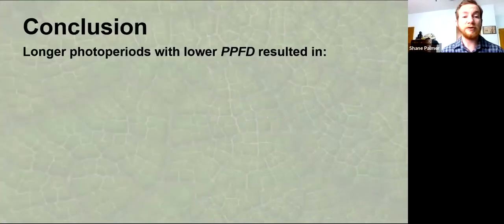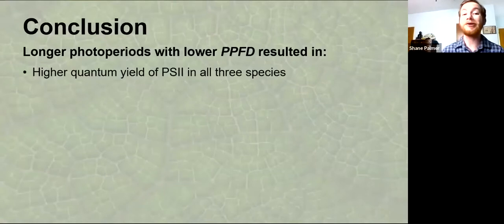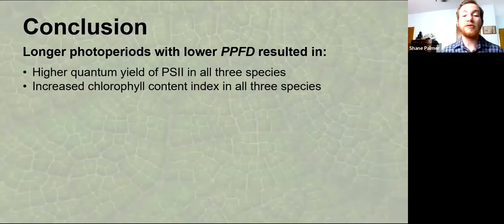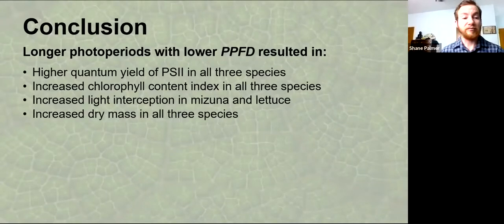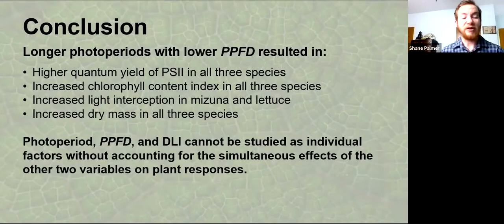So in conclusion, longer photoperiods with lower PPFD will give you plants with a higher quantum yield of PS2 in all two species, sorry about that, and increased chlorophyll content index in all species, and increased light interception in all species. Yes, all these are supposed to say 2 species, not 3 species, and increased dry mass.